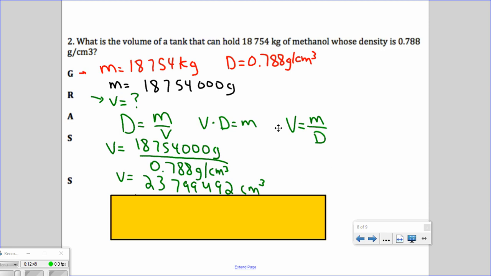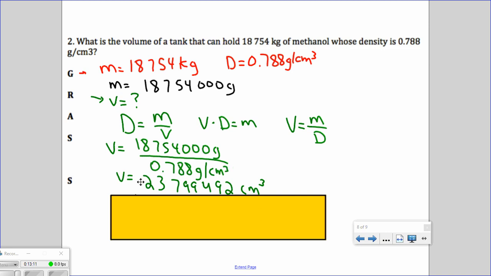Once we have our equation, we can substitute in the values that we are given. Remember, we have to work in units of grams, not kilograms. It's important that you pay attention to units. So we take 18,754,000 grams divided by our density of 0.788 grams per centimeter cubed.